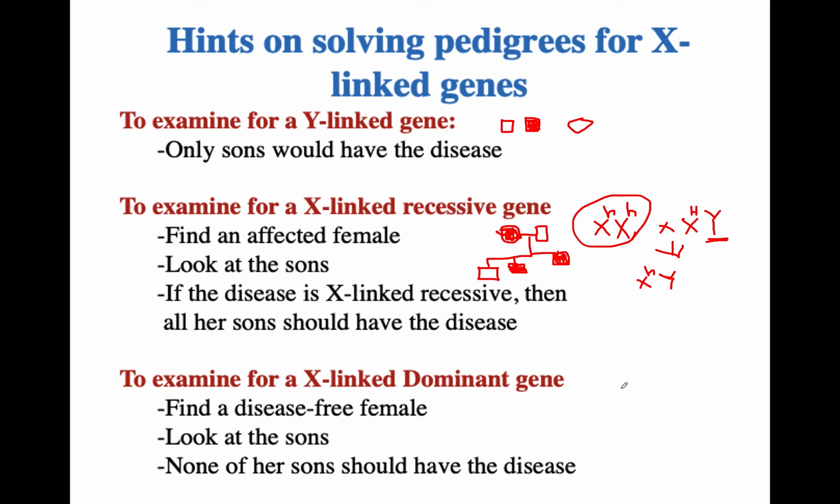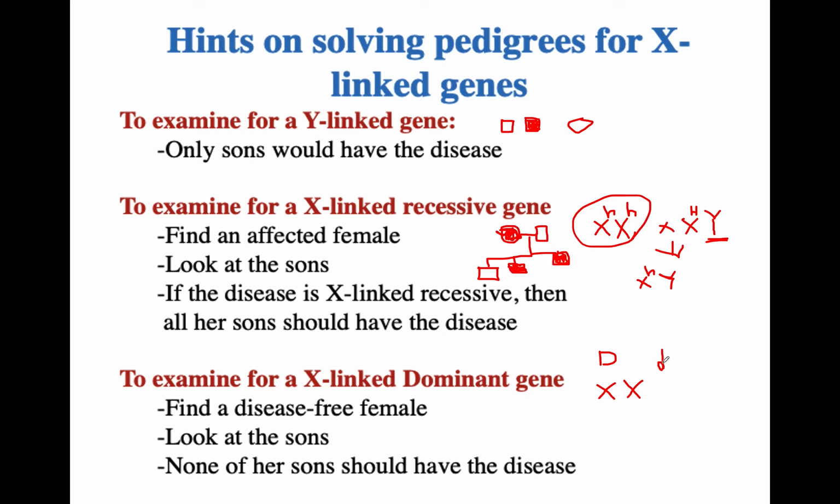What about X-linked dominant? Again, if the disease is due to a dominant allele, let's say, for example, dwarfism. Dwarfism is dominant, and a normal individual is little d.